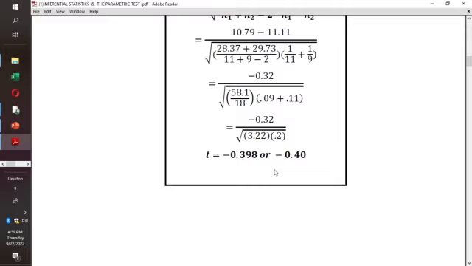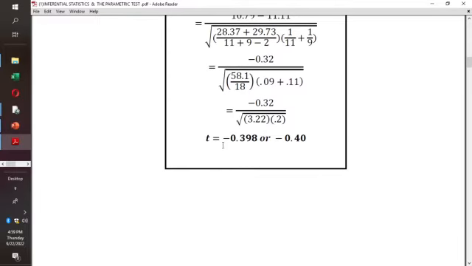So that the t-test is equal to negative 0.398 or negative 0.40.